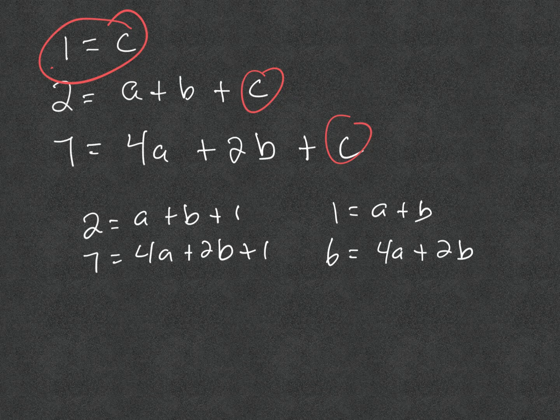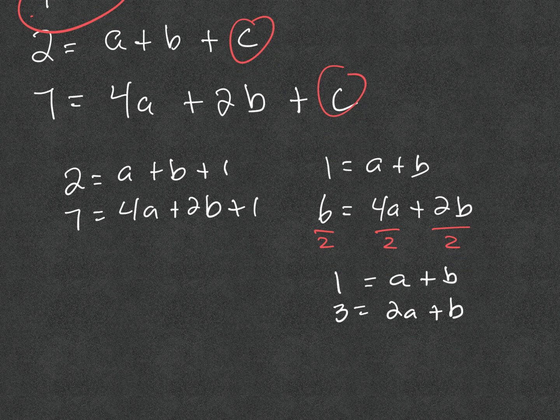Now, I can divide this second one by 2. I can simplify. The first equation is going to be the same, 1 is equal to a plus b, and then I'm going to have 3 is equal to 2a plus b.